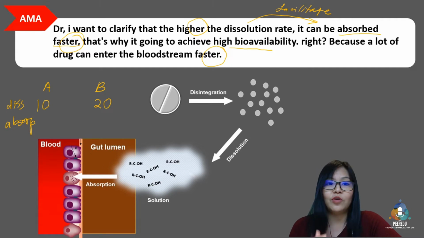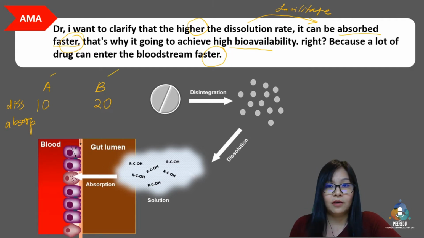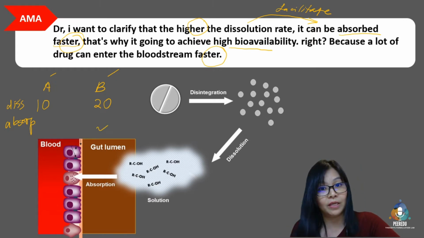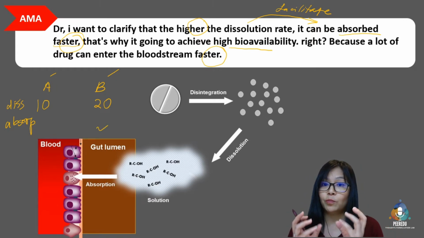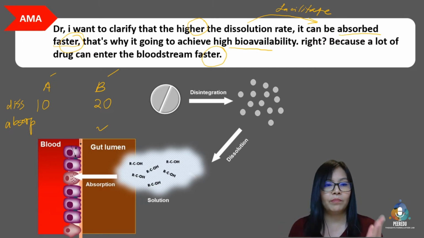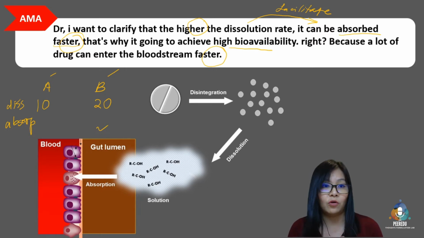Let's say A and B are the same drug. In a comparable manner, when B has a higher dissolution rate, I will expect B to have higher bioavailability. But if you're comparing an apple to an orange, then it depends on what type of drug you are talking about.